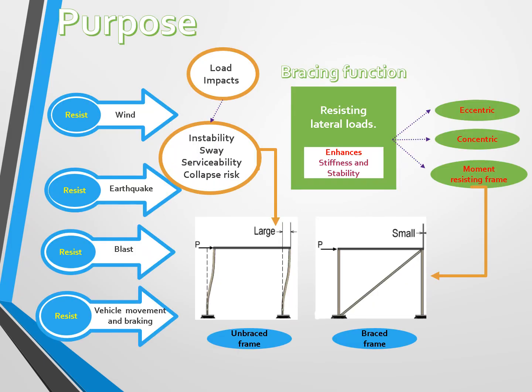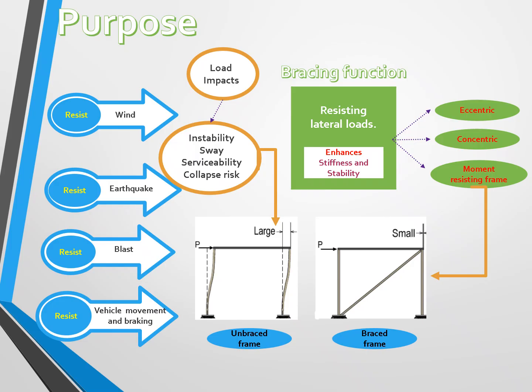As you can see here, bracing mostly comes into application to resist lateral loads. What are the major lateral loads considered in structural engineering and design? These are wind, earthquake, blast, vehicle movement, and braking.